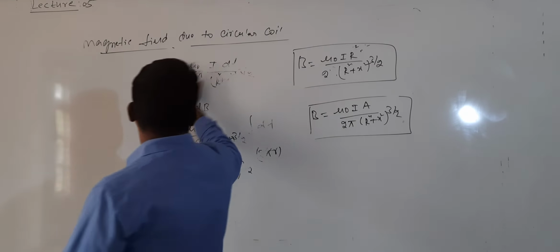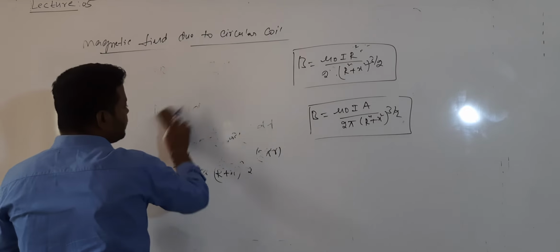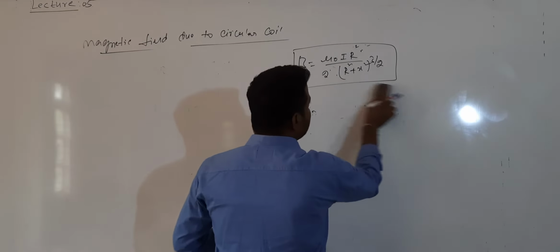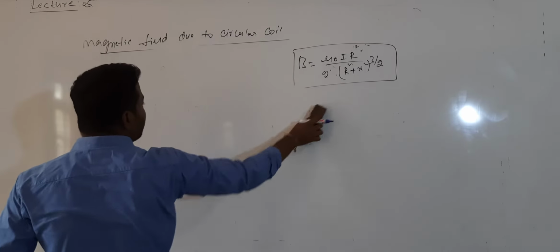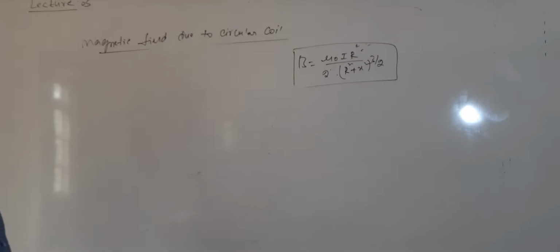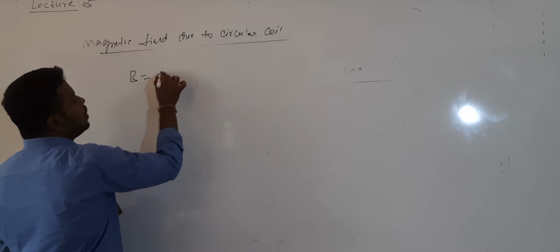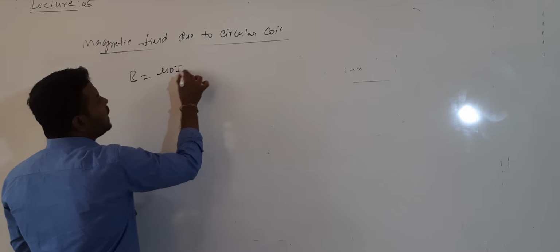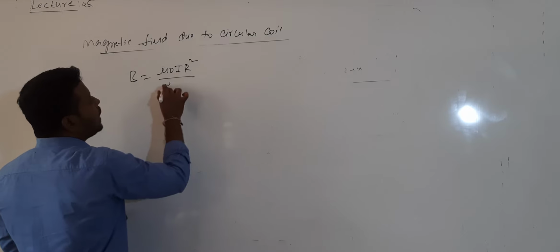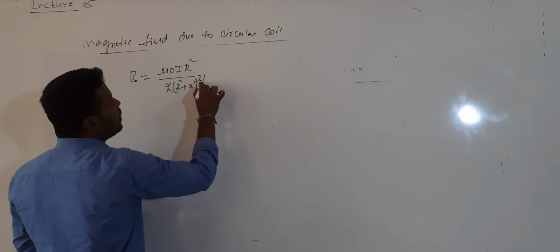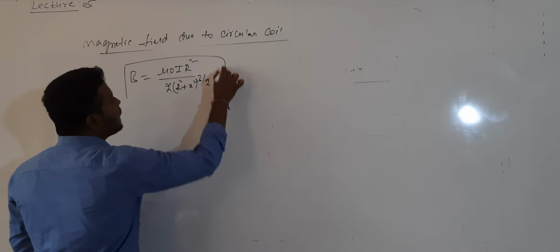Last class we have seen some special cases. This is the final expression for magnetic field due to circular current carrying coil: B is equal to mu naught into I into r square by 2 into r square plus x square whole power 3 by 2.